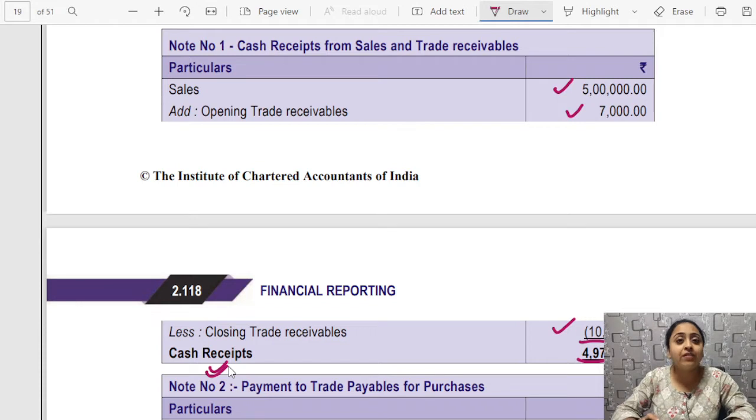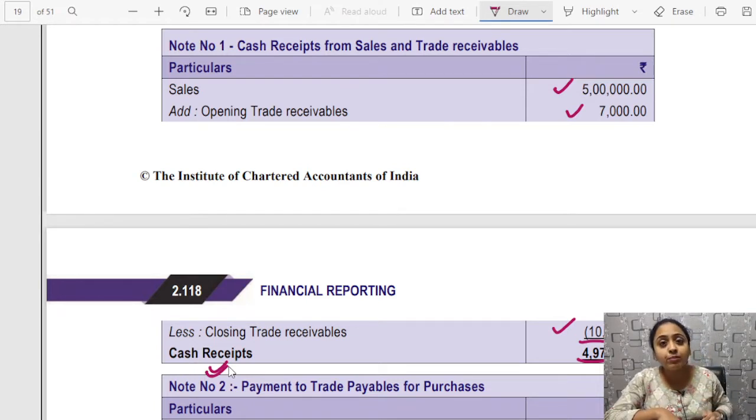Why are we adjusting debtors? Because the 5 lakh sale might include credit and cash sales. To bifurcate that, you need to know what amount of cash you have received this year, which might be related to the current financial year or to a previous figure. So you adjust the opening and closing debtors, and the remaining portion will be considered cash sales.